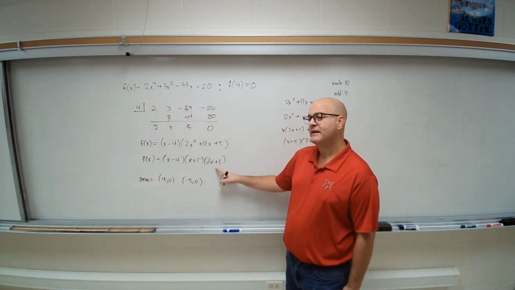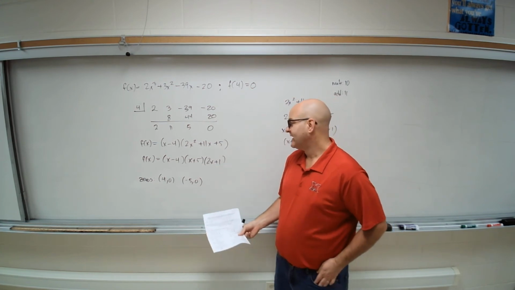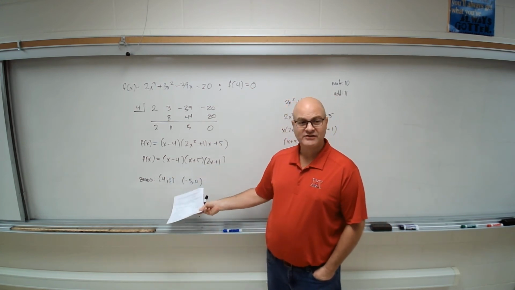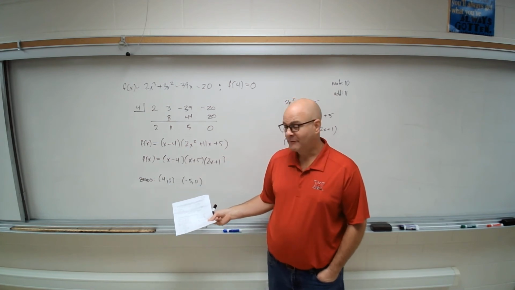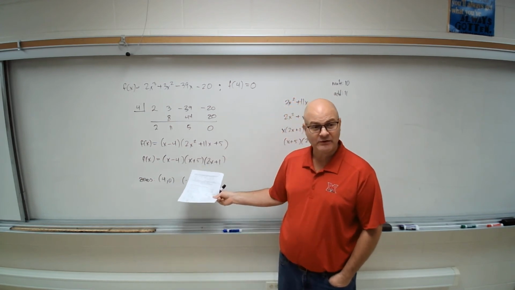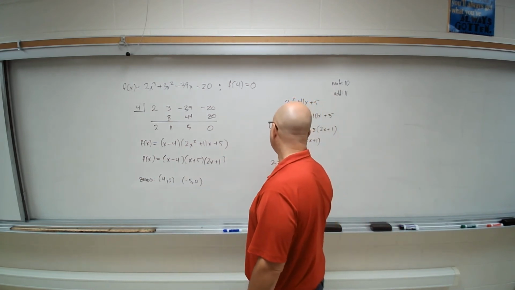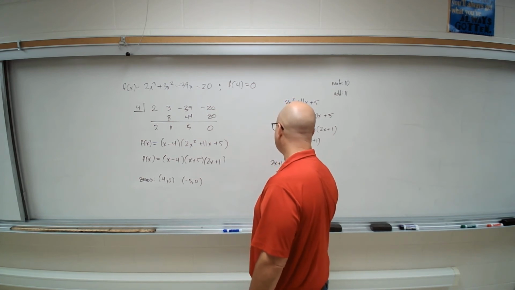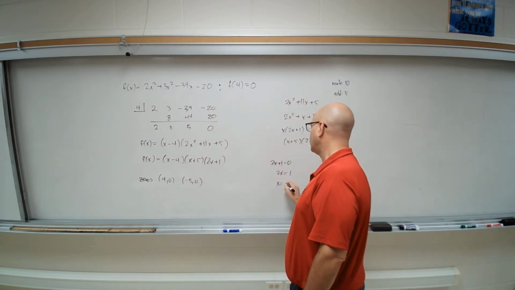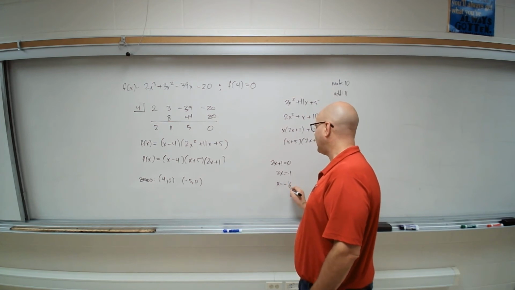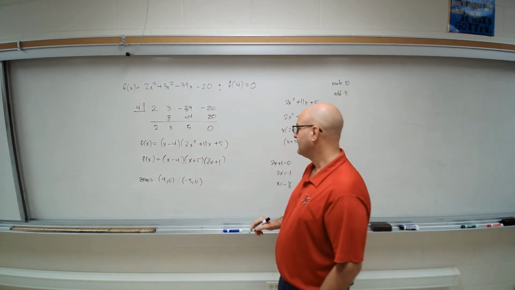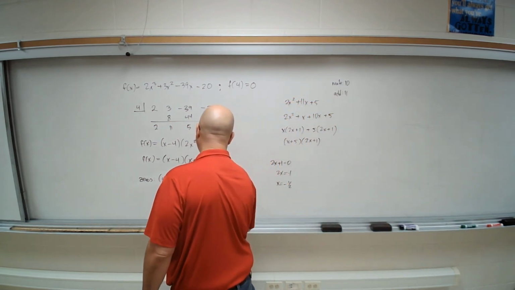Be careful here on this one. It's easy to get lazy when you have these nice factors and just think it's always the opposite of the last number, but it's actually you're setting each factor equal to 0. So when we set 2x plus 1 equal to 0, we get x equals negative 1/2, which would give us negative 1/2, 0.